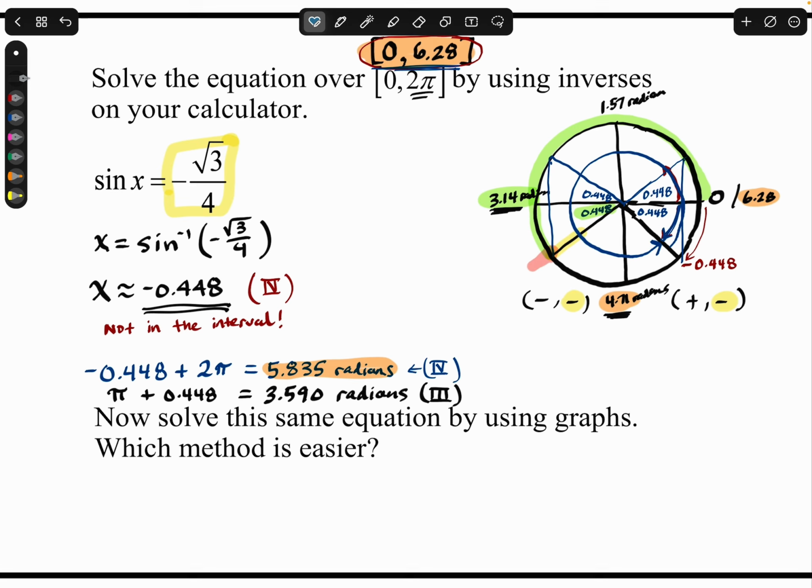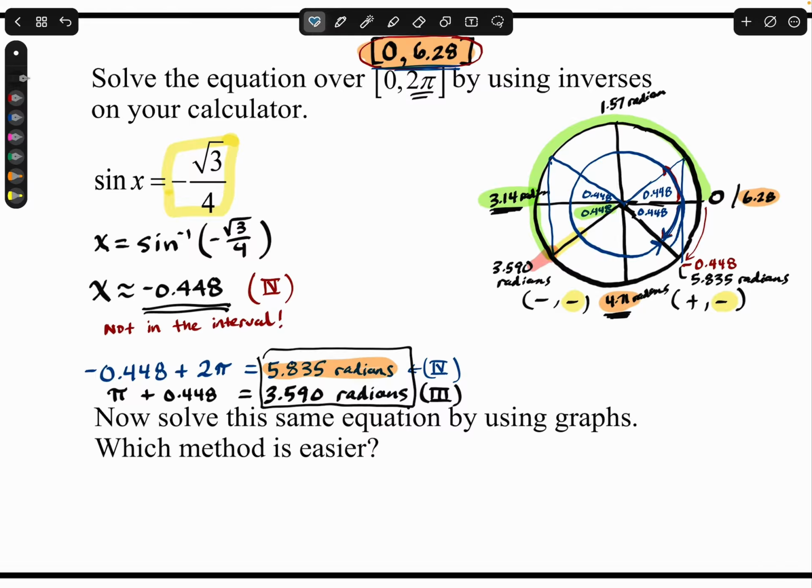So these would be our two answers here. This one is our 3.590 radians, and the one over on this side here was our 5.835 radians.